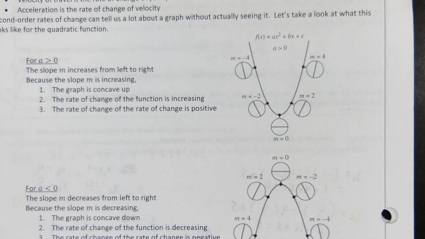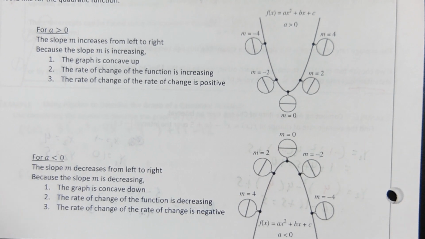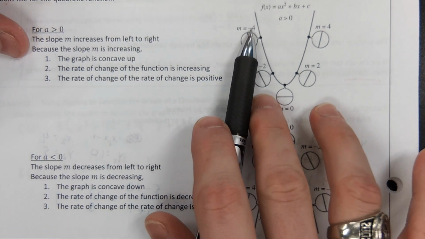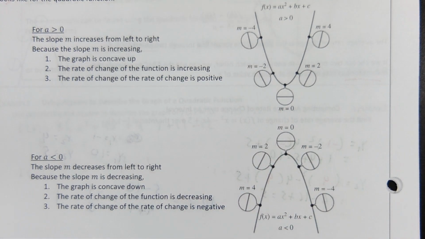And I know it didn't ask us to do it, but I'm going to go ahead and show you some table style knowledge. Again, let's just pretend that here x went by ones. Then our first differences would have been our rates of change.